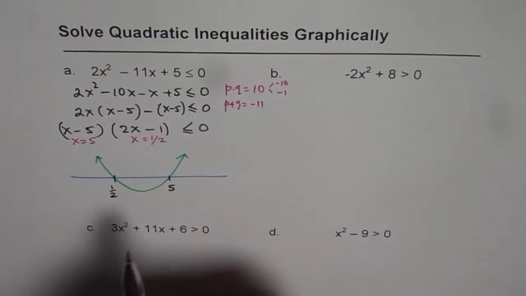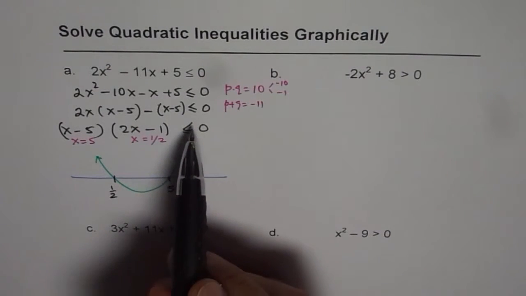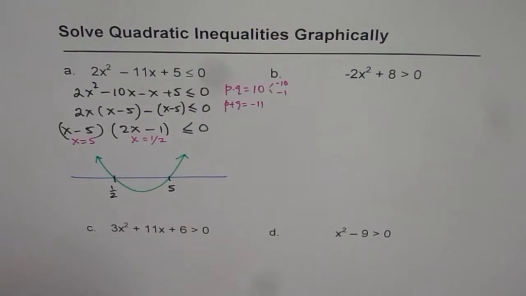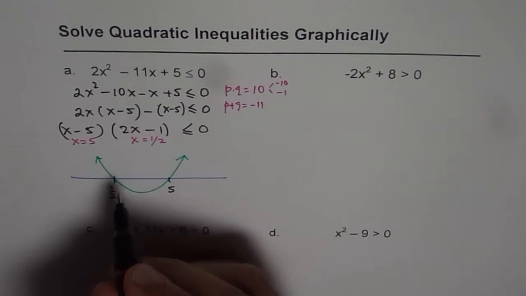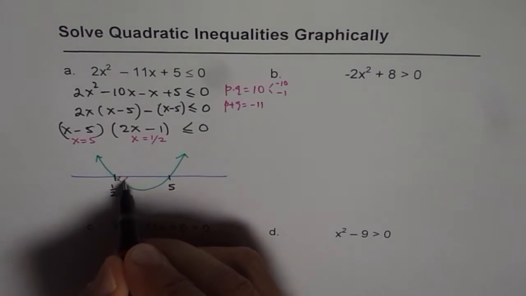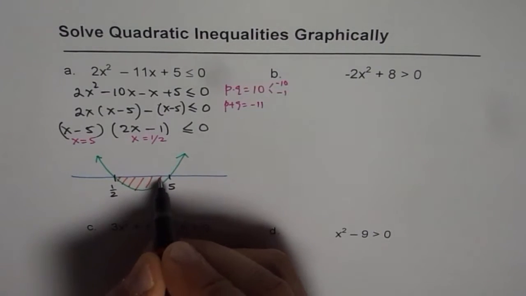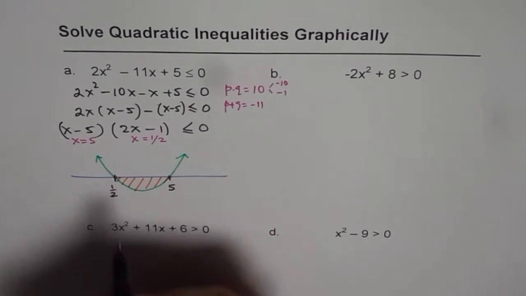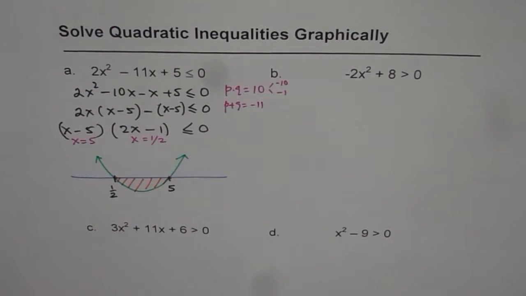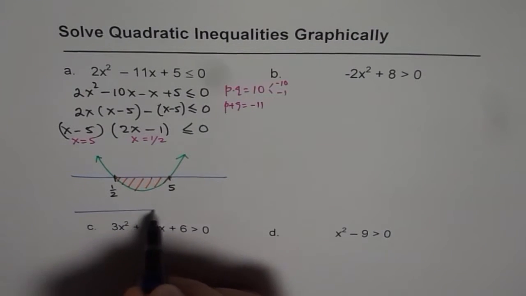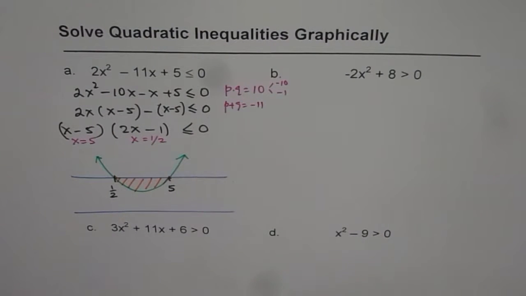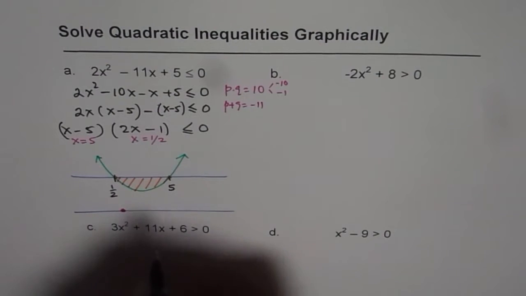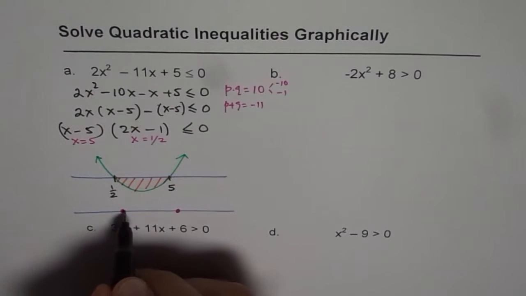Now from the graph you can see the portion which is less than or equal to 0. This time we are looking for less than or equal to, so the zeros are part of the solution. Do you see that? The portion in between these two zeros is the solution for us, including the zeros. So our solution on a number line can be written as, from half, we should include half, and also 5, everything in between.